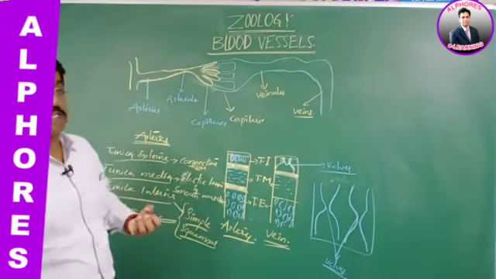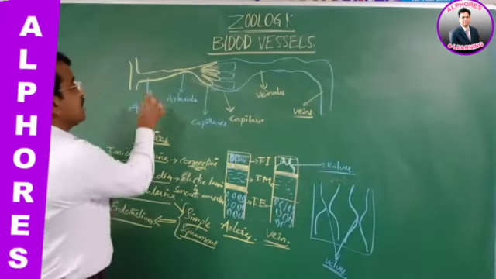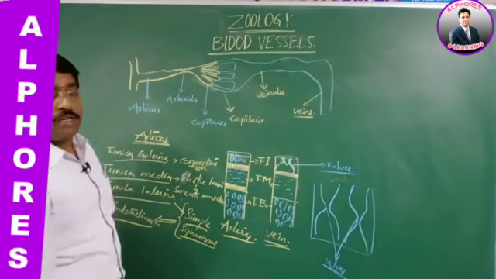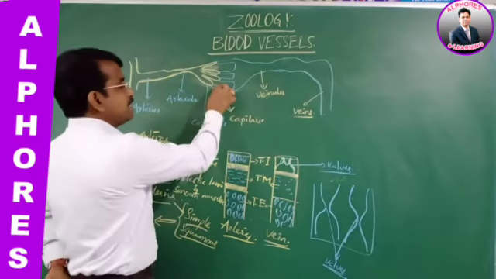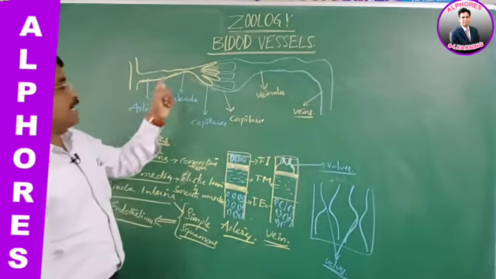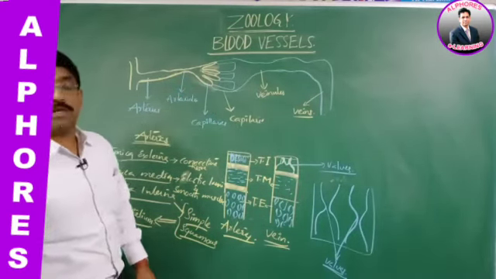The arteries have progressively decreasing diameter in the tissues, ending in capillaries, whereas veins start with the blood capillaries.